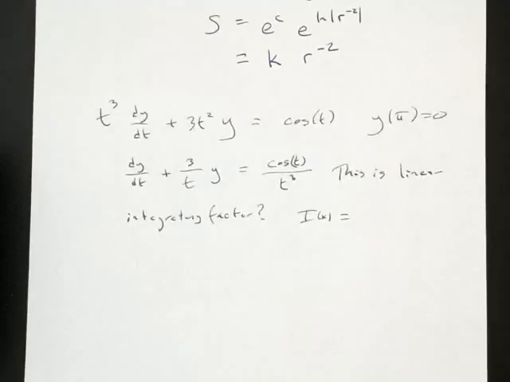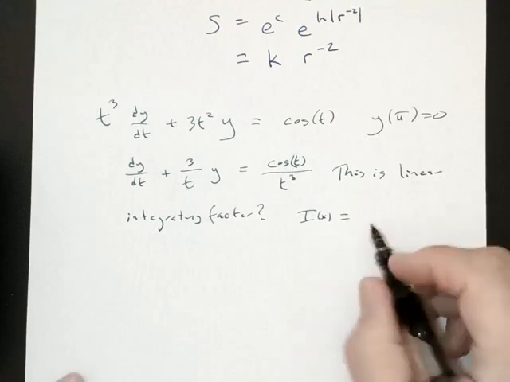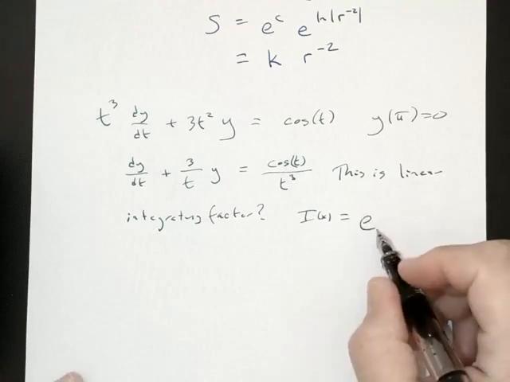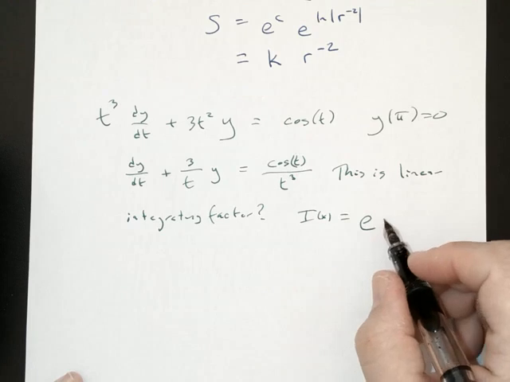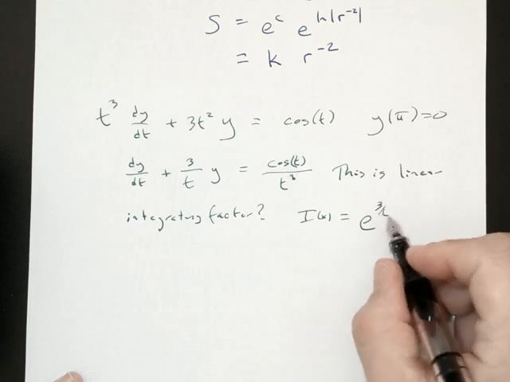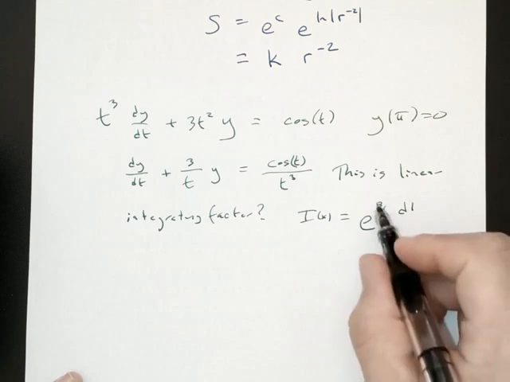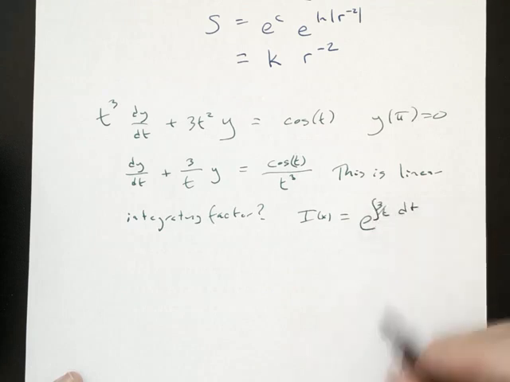This is the u of x. We integrate. And so really I shouldn't be using x, it should be t. But that's okay, my apologies. What's the integral of 3 over t?